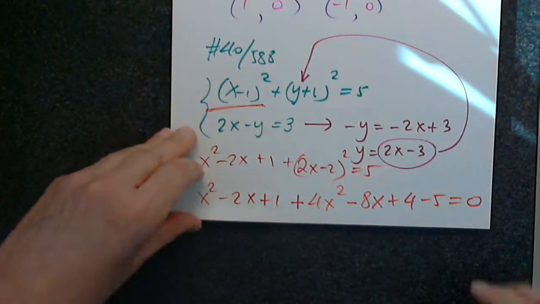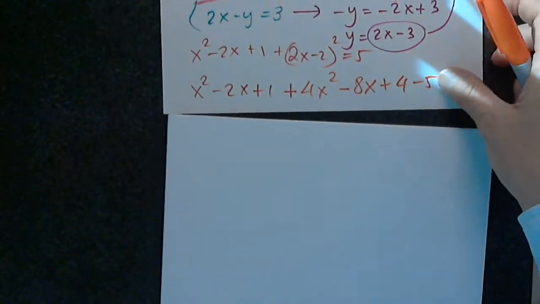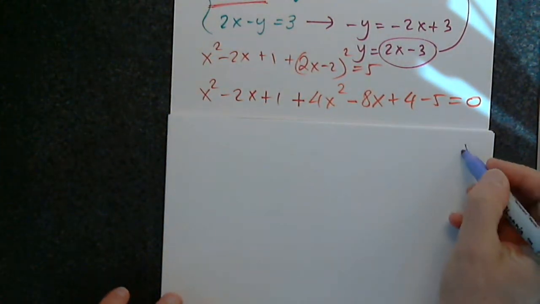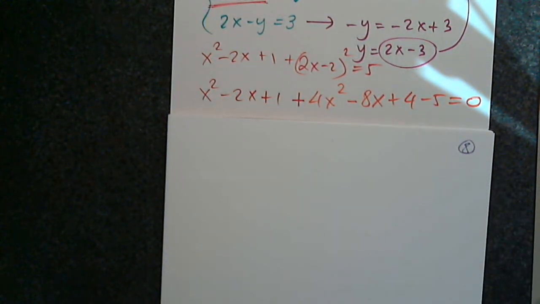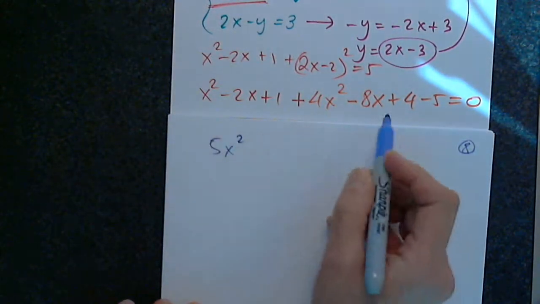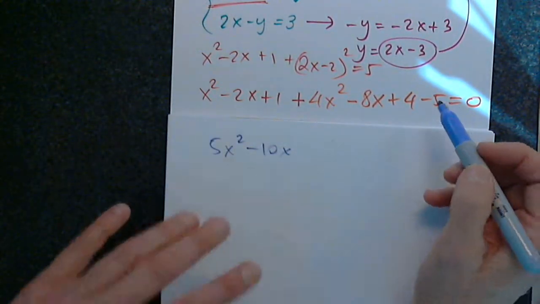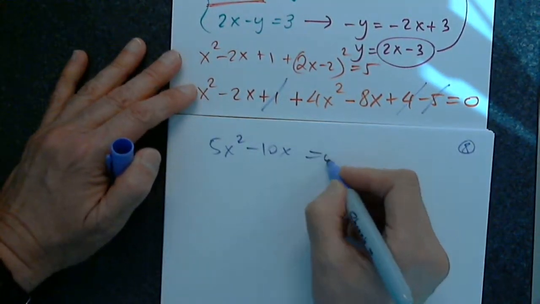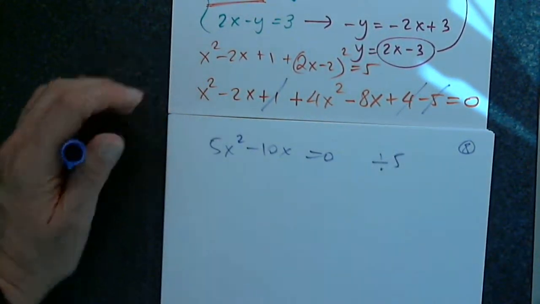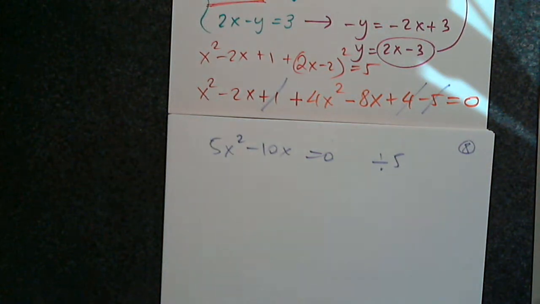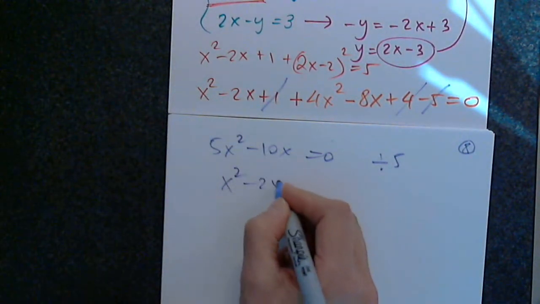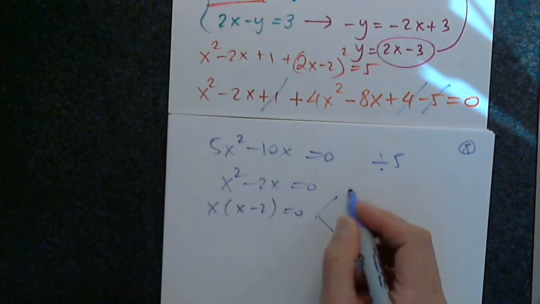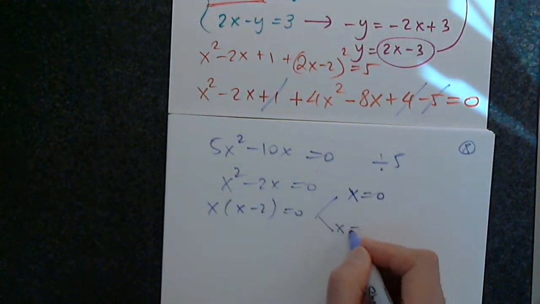So let's combine like terms now. What do we get? As you see, this is indeed more extensive. 5x squared minus 10x equals 0. Lucky me. Of course, I will divide by 5. So I get x squared minus 2x equals 0, and I factor, and I get two options: 0 and 2.